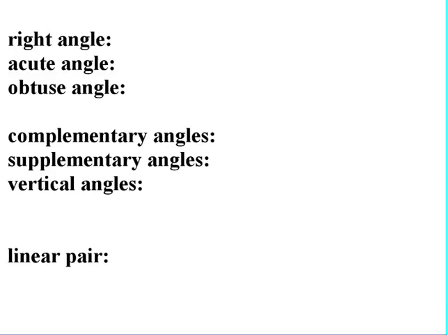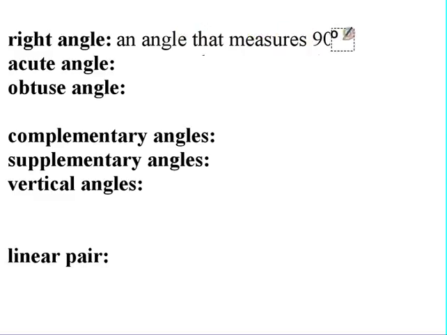Okay, so let's go ahead and talk about what's a right angle. And you probably want to get these down because these are the definitions we're going to use. What is a right angle? An angle that measures 90 degrees.